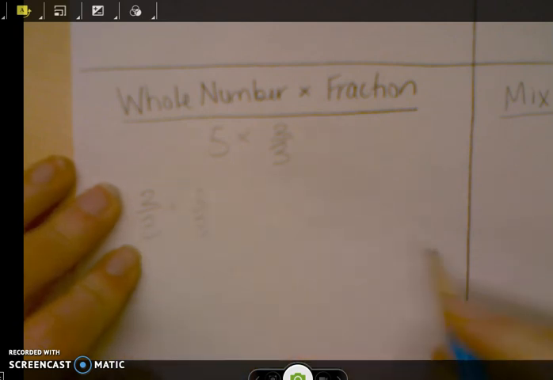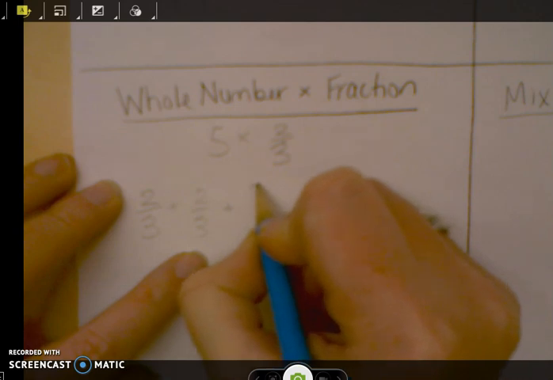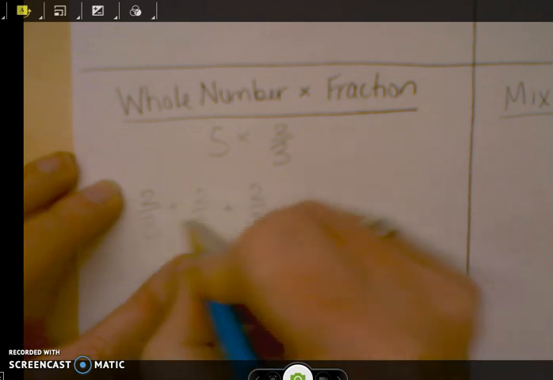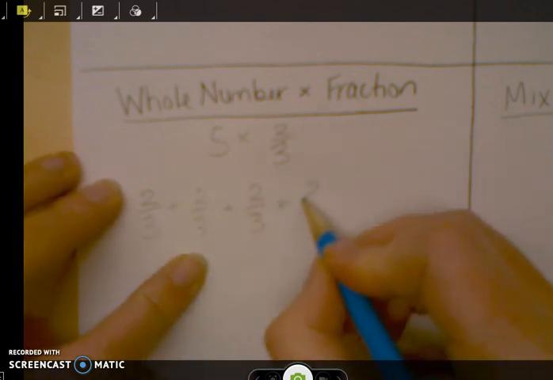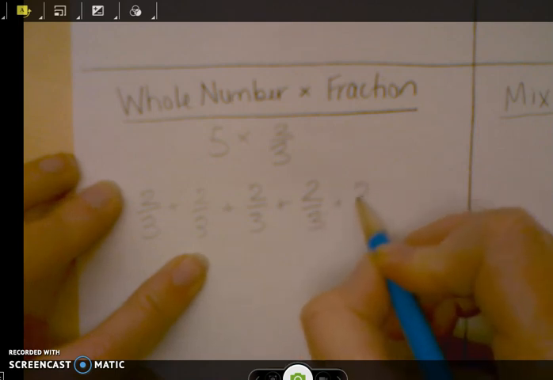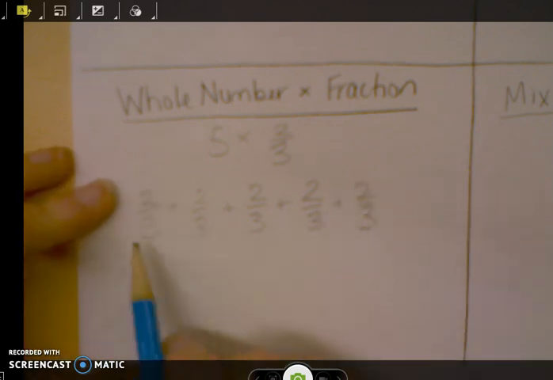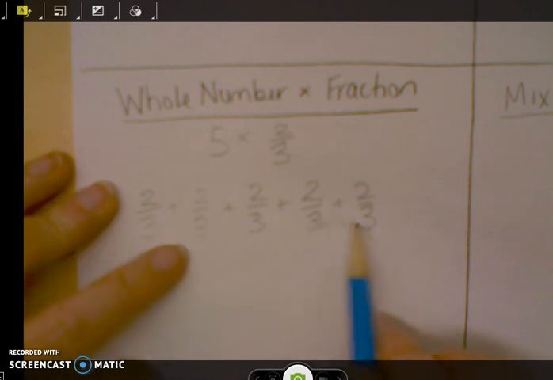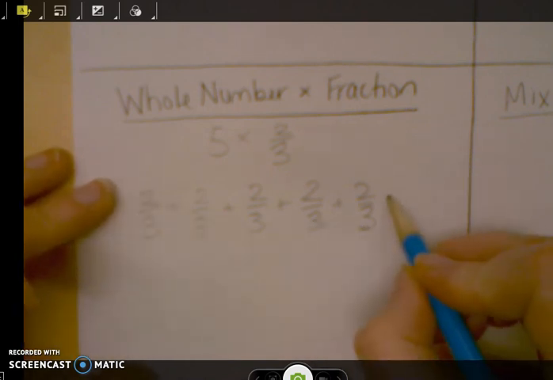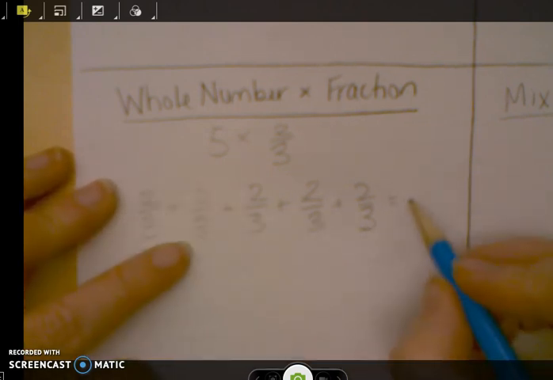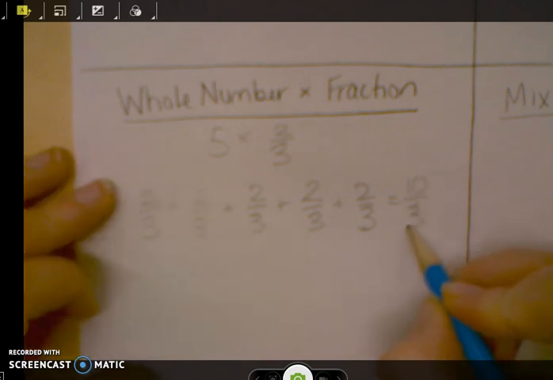That's 2 groups of 2/3. And another 2/3. That's 1, 2, 3 groups of 2/3. So 1 group, 2 groups, 3 groups, 4 groups, 5 groups of 2/3. If I put all those thirds together, I end up with 10/3.